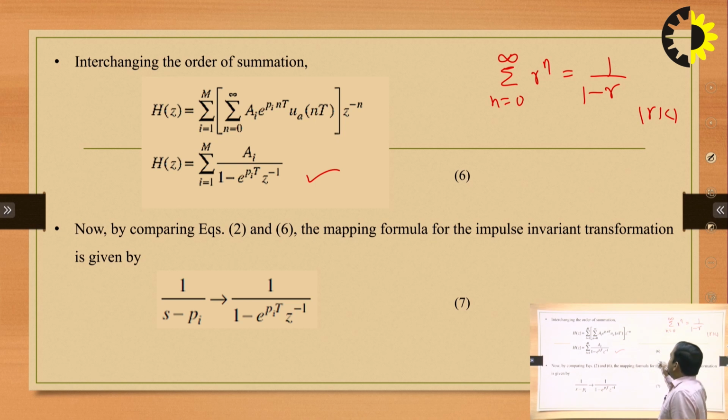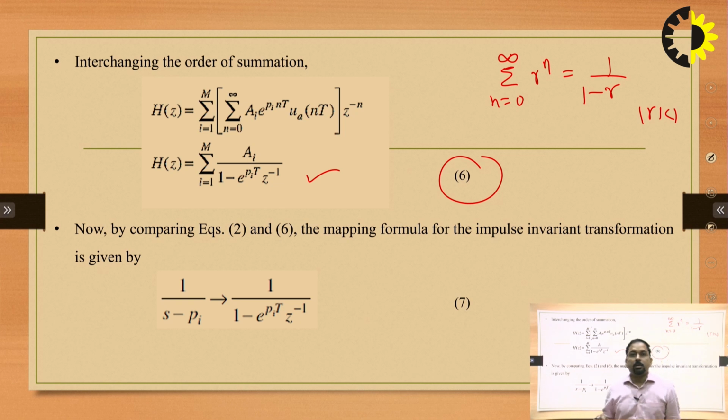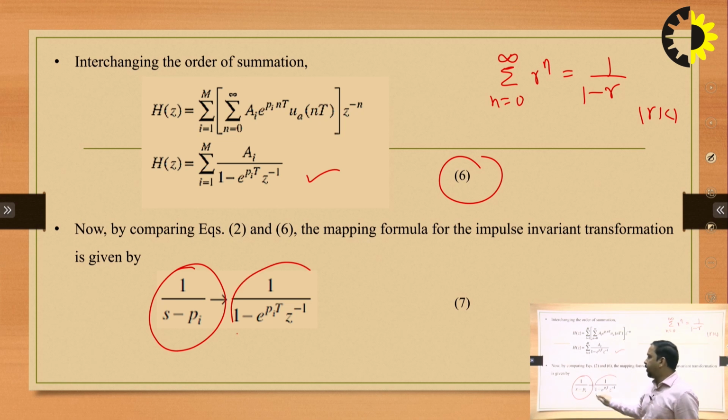Now we'll compare our equation number 6 with the transfer function of the analog filter, which is H of s. If we compare, 1 by s minus p_i corresponds to 1 divided by 1 minus e raised to power p_i T z inverse.